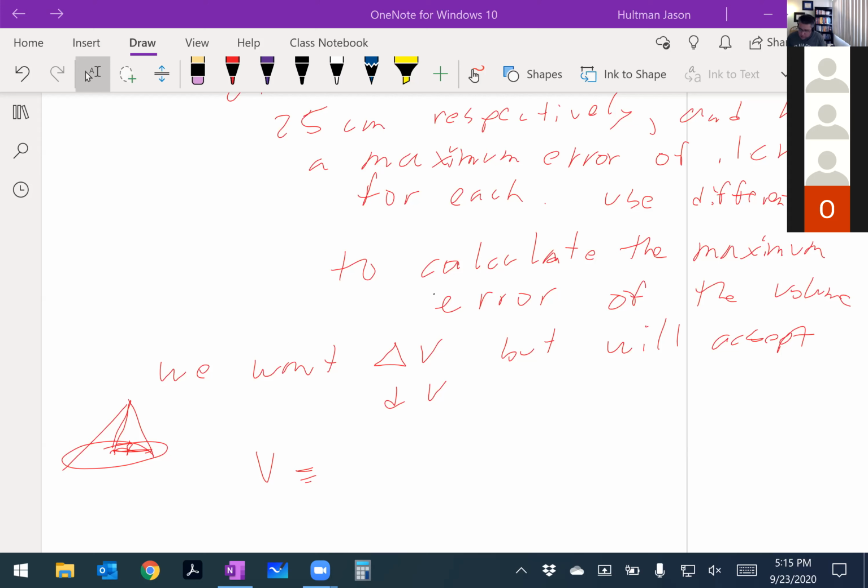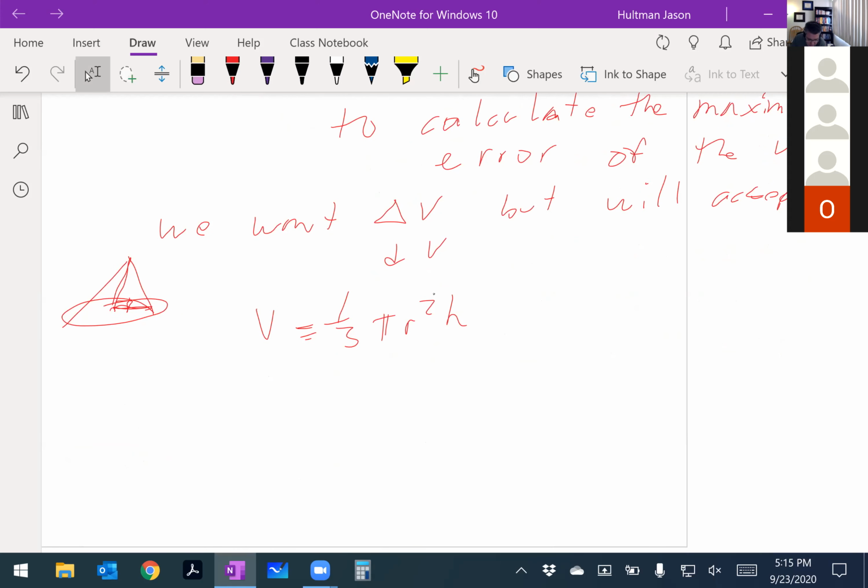Okay, so what's the volume of a cone? Well, the volume of a cone is 1/3 pi r squared h. Okay. And so we want to know what dV is.